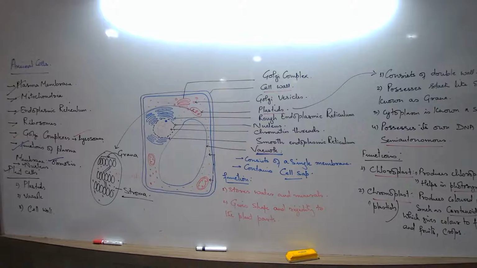Plastids found in most plant cells are of two types, known as chloroplast and chromoplast.